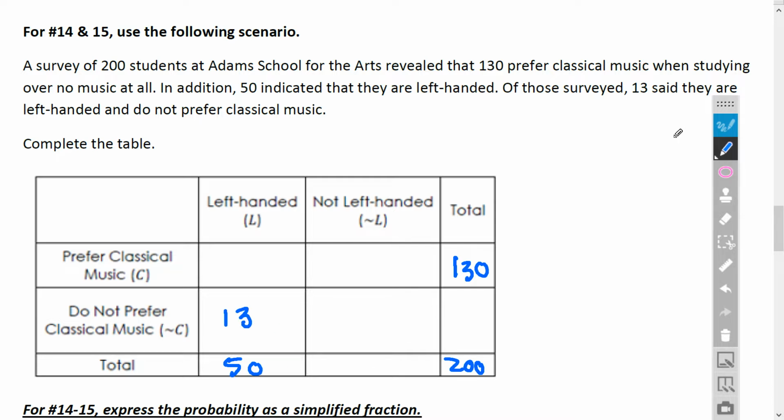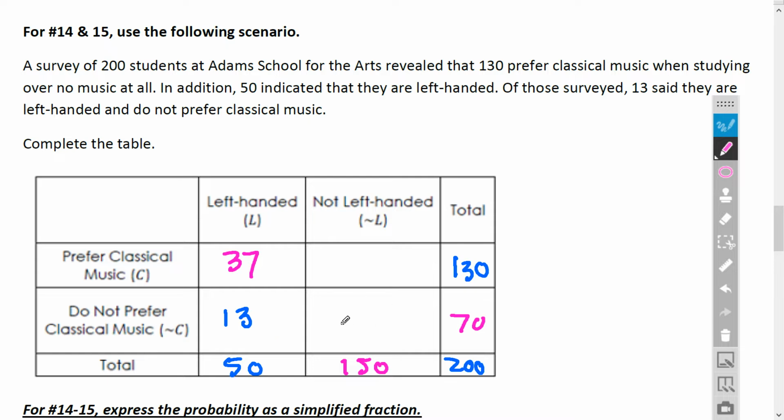Okay, so we have plenty of information here to fill in the rest of this table, I think. We're missing this one. This needs 70. 130 plus 70 is 200. We're missing this one. This one's 150. 50 plus 150 is 200. We're missing this one. This one should be 37. 37 plus 13 is 50.